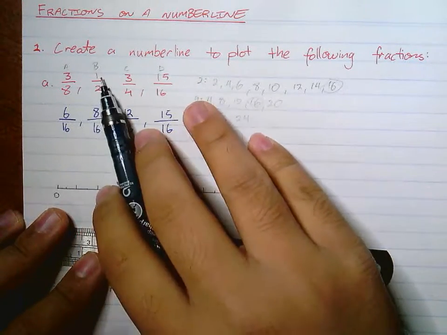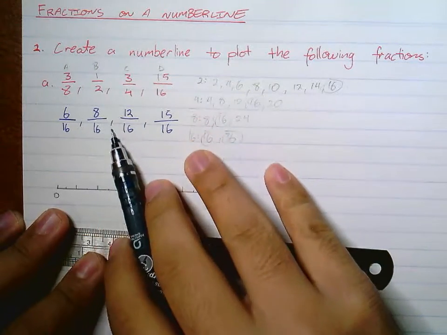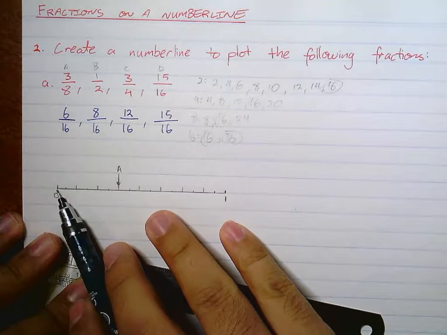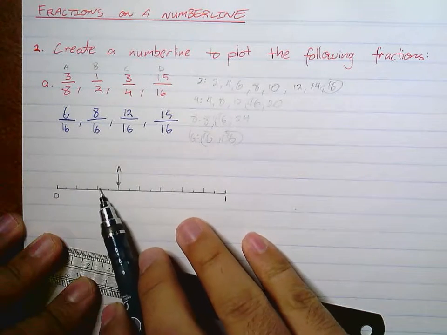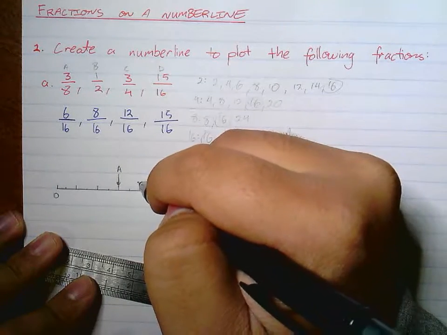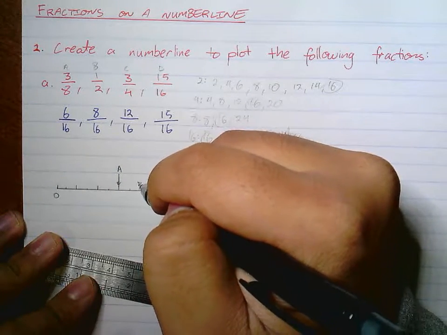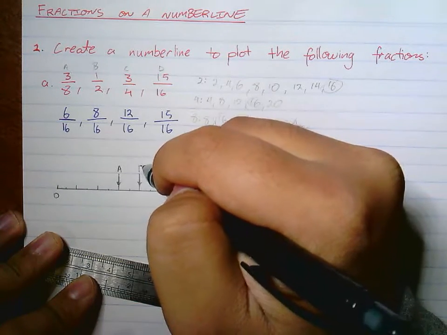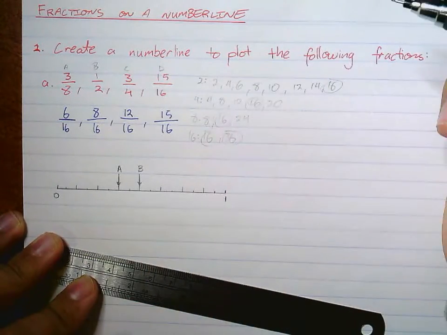Let's take a look at point B, which is 1/2, which is 8 over 16. Let's count 8 spaces from 0: 1, 2, 3, 4, 5, 6, 7, 8. So this point here is 1/2. That is point B.